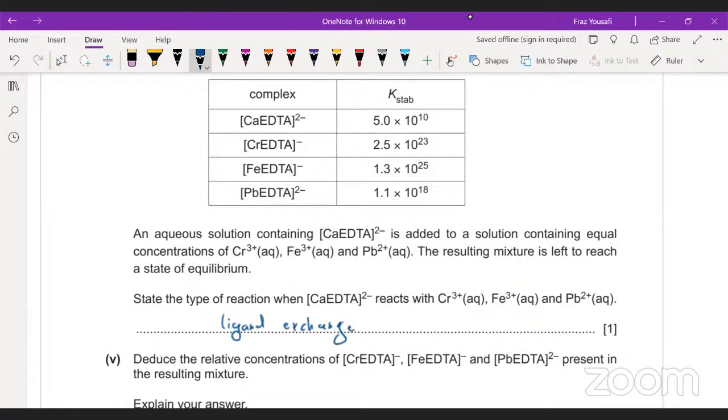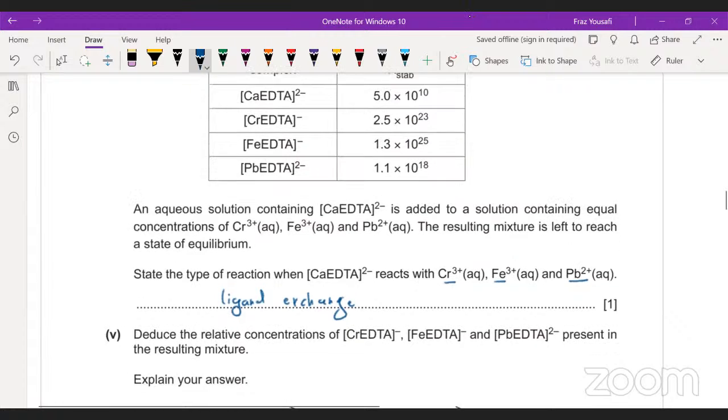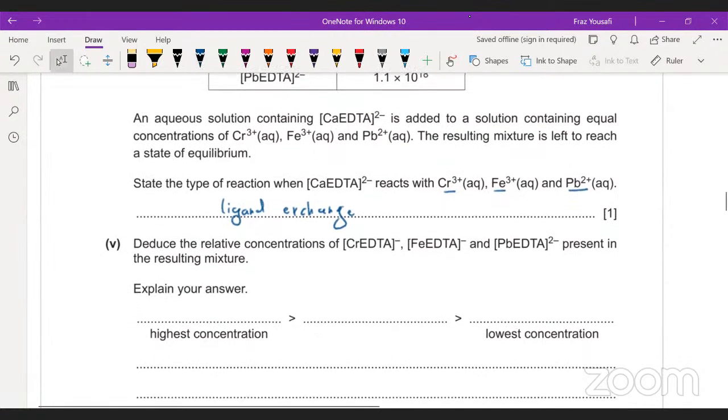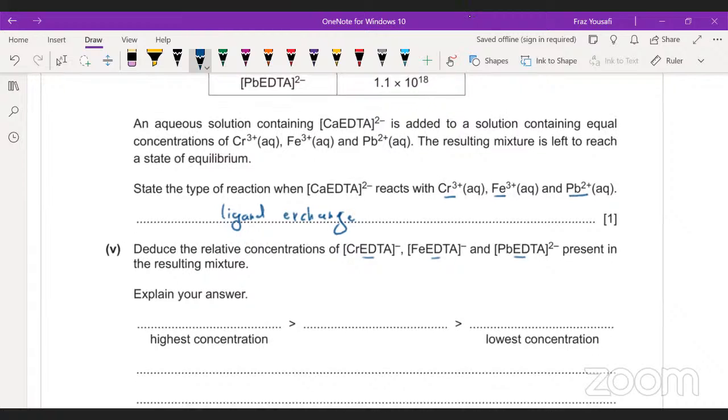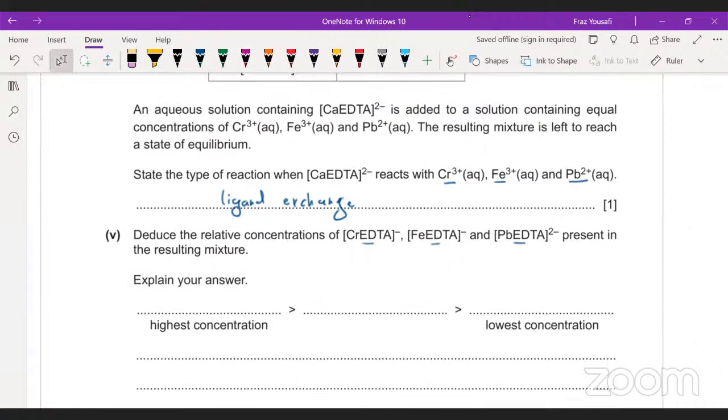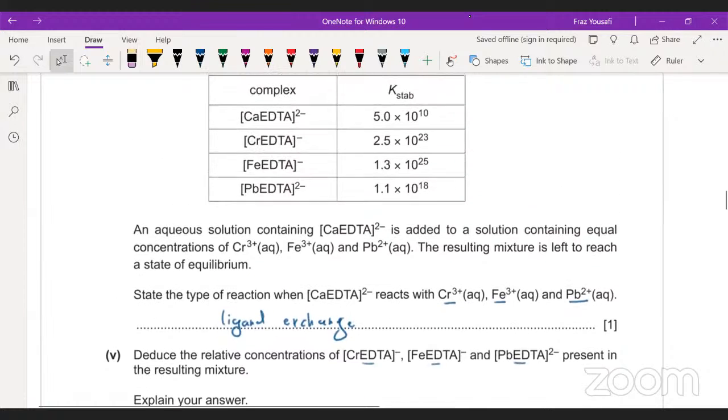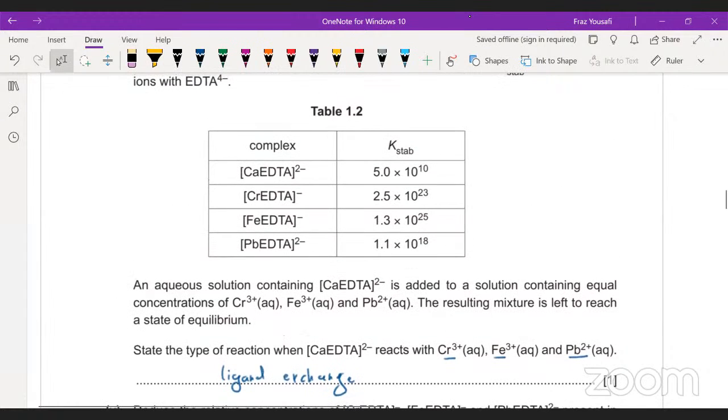So initially, all of these transition metals are surrounded by water molecules as their octahedral complexes with six water ligands. And what you would do is then you would have EDTA replace all of those water molecules, thus your ligand exchange. Now, the next part is that, all right, you would get these three particular complexes in your solution. They want to know out of these three, which would have by far the highest concentration and the lowest, and they want you to explain why.